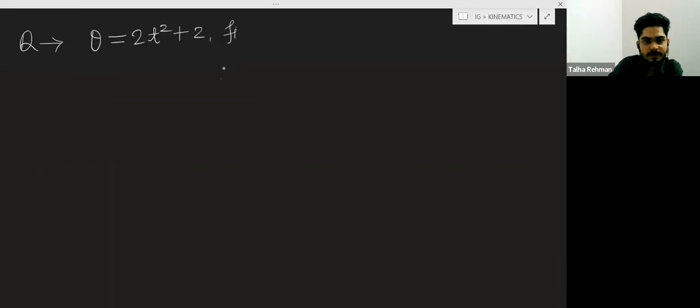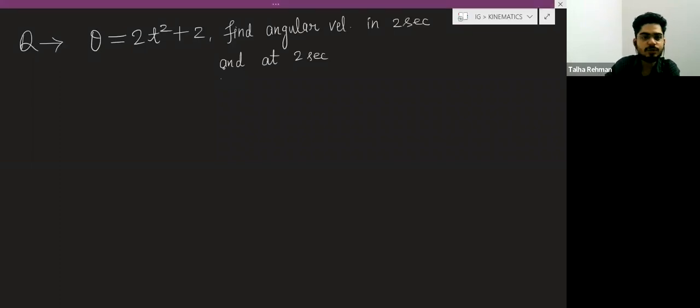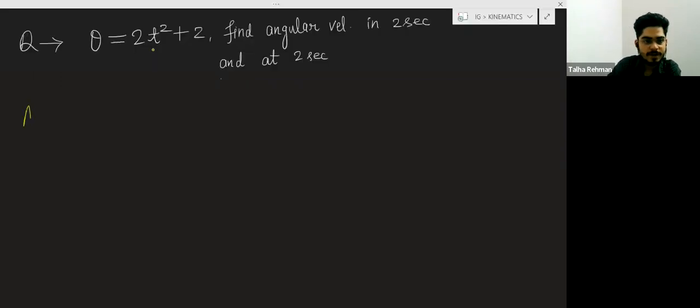They are asking to find the angular velocity in 2 seconds and at 2 seconds. See the difference: in 2 seconds, at 2 seconds. Here in 2 seconds means from 0 to 2 seconds, so we have to calculate the average, or we have to calculate the instantaneous here.